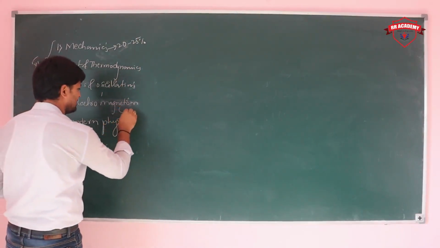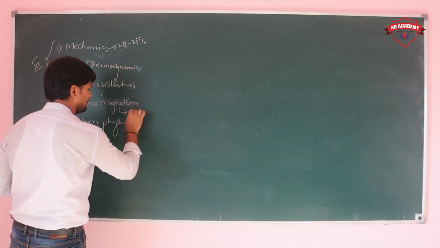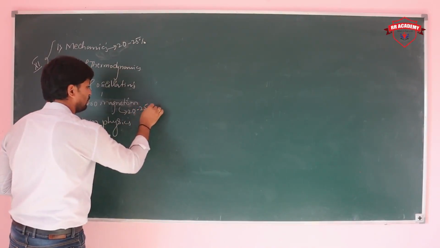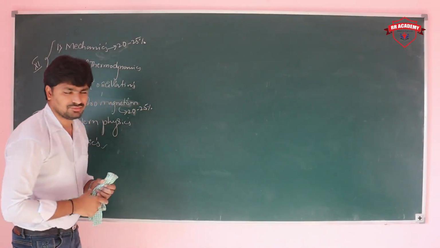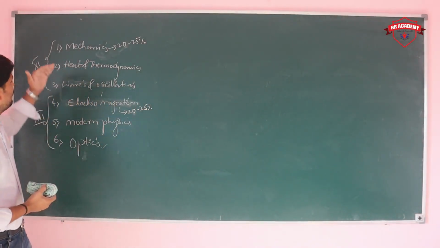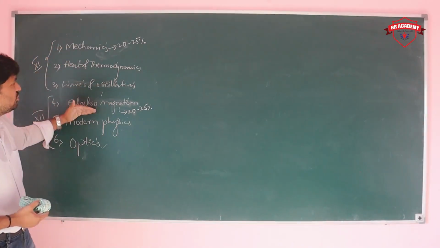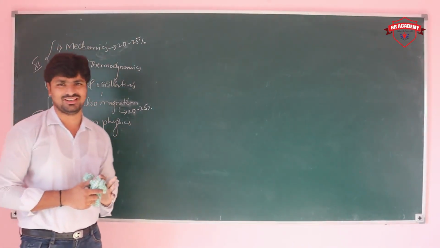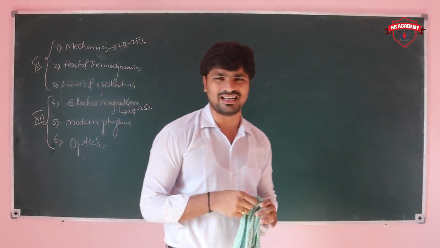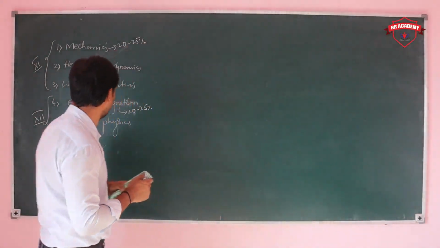In electromagnetism also 20 to 25% of the questions, it may be 3-4% more also. 20 to 25 means from mechanics and electromagnetism only we have 50% of the questions.